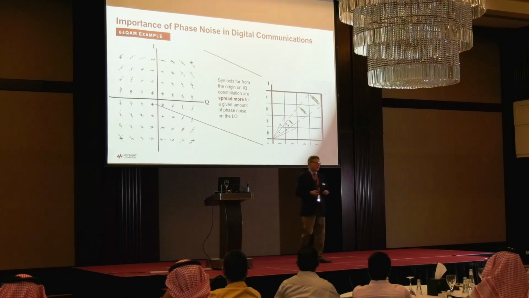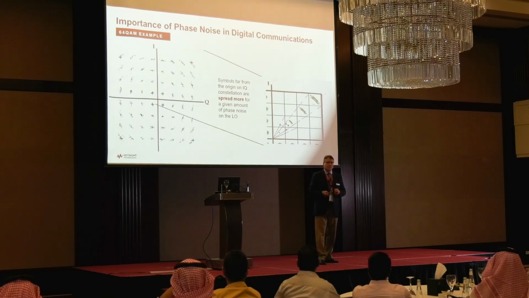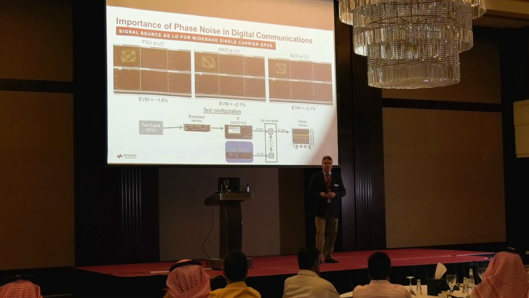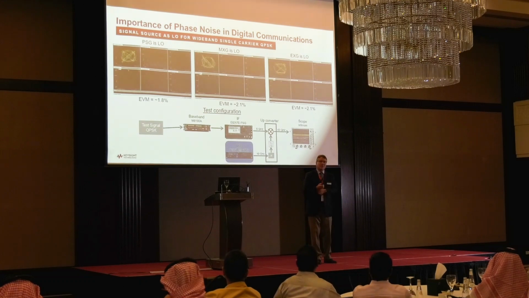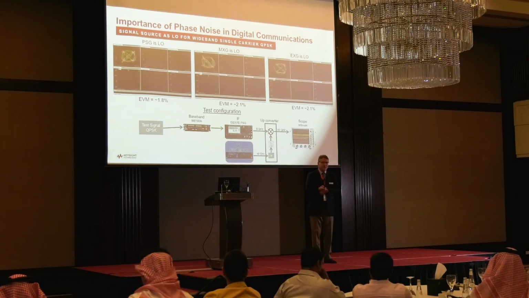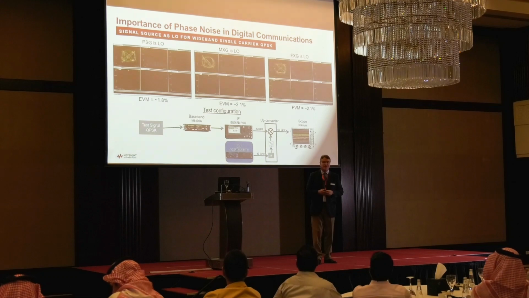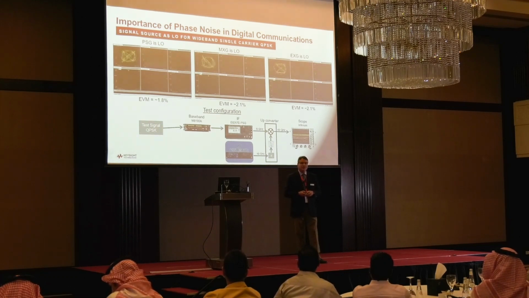So that's the case in the digital world, digital communication specifically, where jitter or phase noise of the LO used to downconvert a received signal can become a big problem. This picture just shows you what happens when you use different signal generators from the KEYSIGHT catalog as the local oscillator for a high frequency down converter.